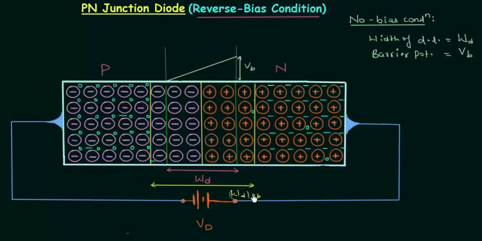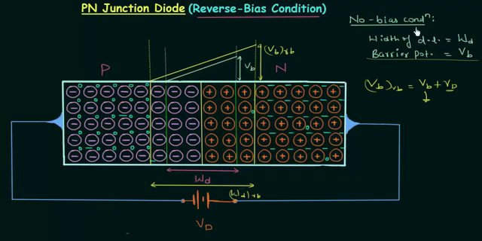We also have a new barrier potential, and let's call it VB reverse bias, and VB reverse bias is equal to VB plus VD, where VD is the reverse bias potential that we are applying across the two terminals, and VB is the barrier potential for no bias condition.